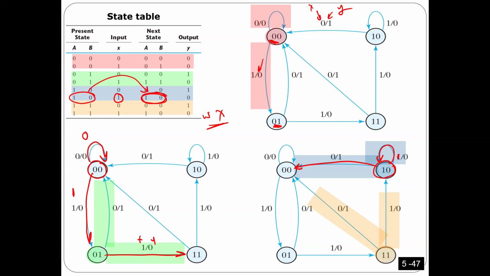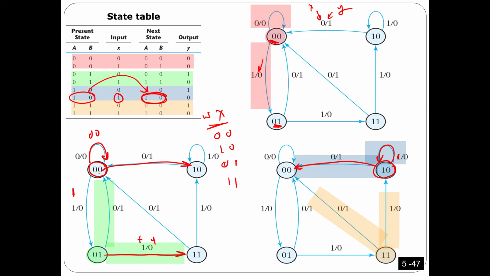There should be 4 arrows out of every state, because if I have 2 inputs, I'm going to have 4 different cases. For example, if I'm here, maybe next time I will come here if the input is 0, 0. There should be 4 arrows because now I have 4 cases for the input, not 2.